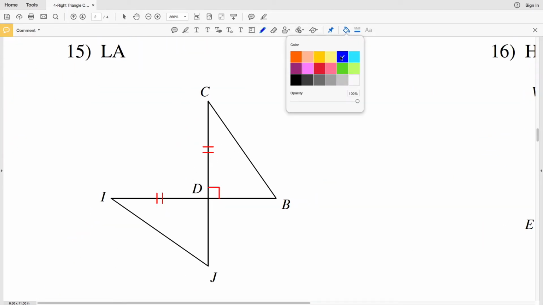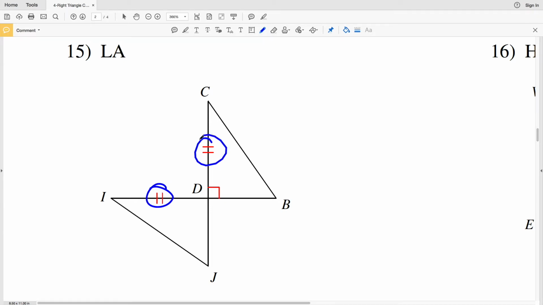In number 15, our reasoning is leg-angle. We already have that one leg is congruent to another leg. Here is our right angle, so we just need one acute angle to be congruent to another acute angle.